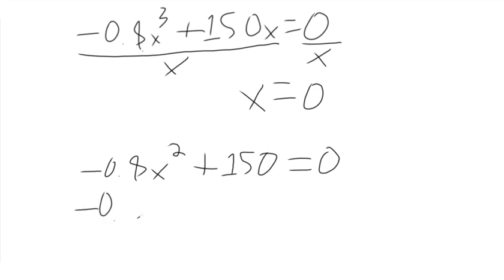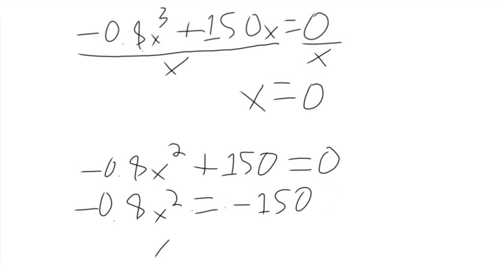Tells me that negative 0.8x squared plus 150 equals 0. What I wanted to do was subtract 150 from both sides. So basically that's going to tell us that negative 0.8x squared is equal to negative 150.